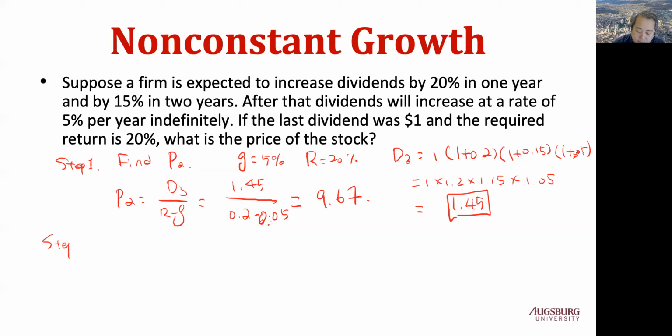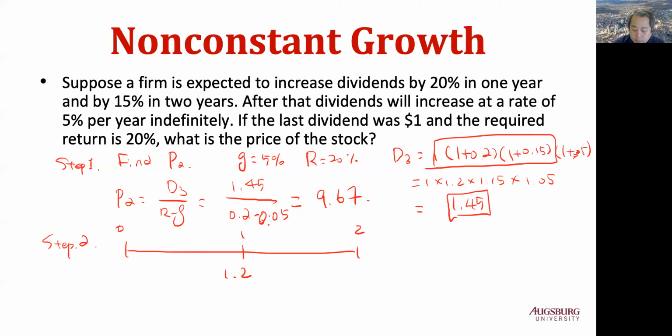Step 2. Now let's assume that we sell this stock after 2 years. First year, we receive dividend $1.20. Second year, 15% increase, right? So it's going to be $1.38. And then we sell it for $9.67, because the price in year 2 is $9.67.